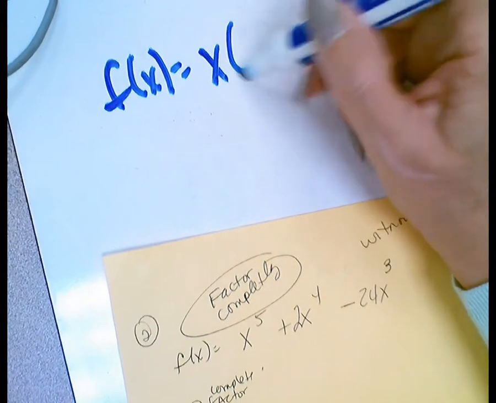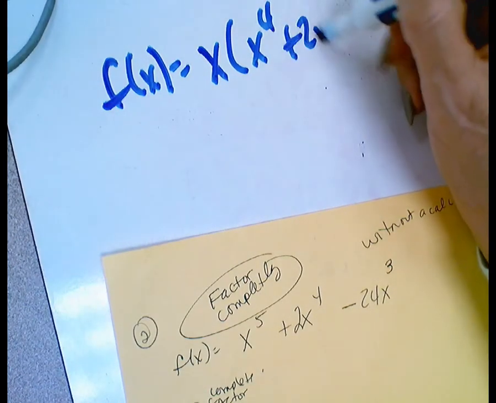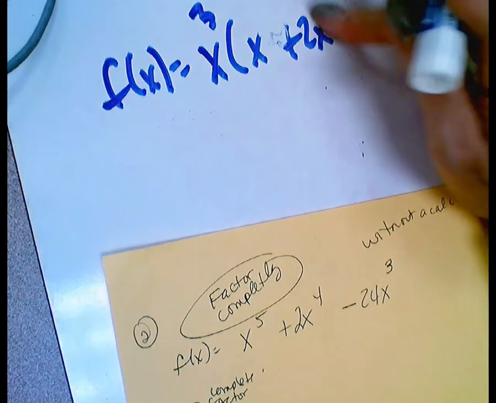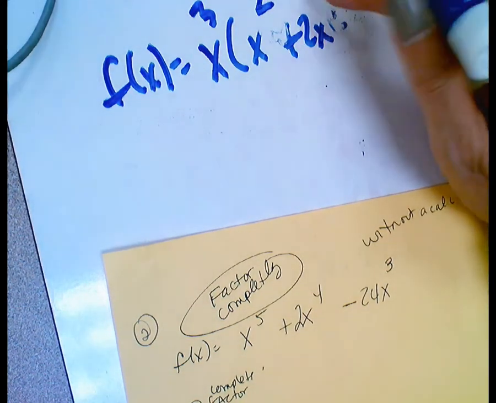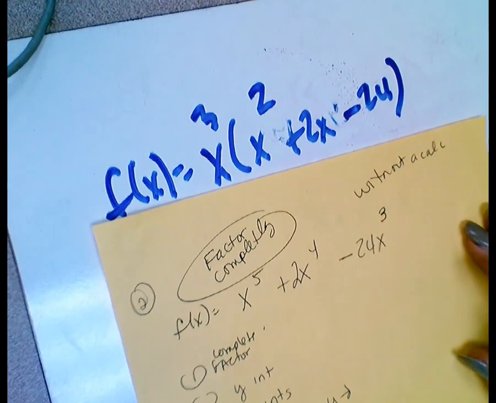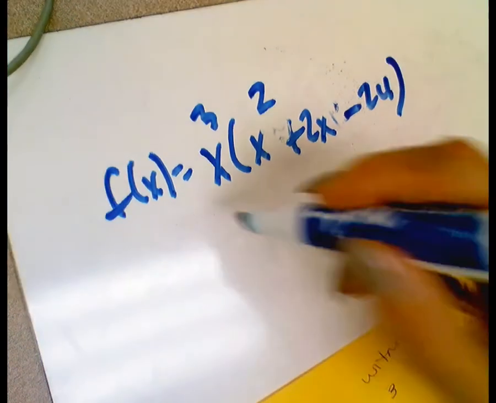Let's take an x out. Looks like I should take 3 x's out. Sorry about that. So you have this. You guys good with the first step? Take a GCF out. Now we're going to factor the trinomial.